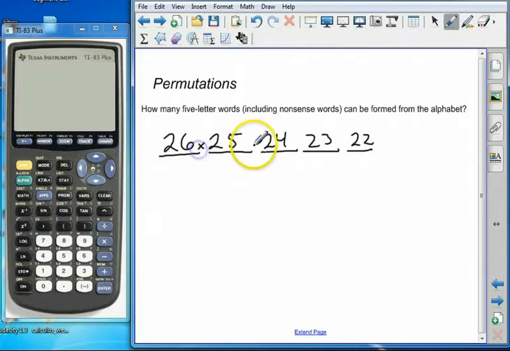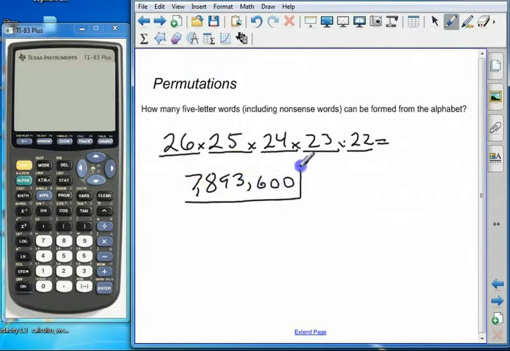If we use our multiplication principle of counting here, I'm going to multiply all these together, and believe it or not, we're going to end up with 7,893,600 different words that can be formed from the alphabet.